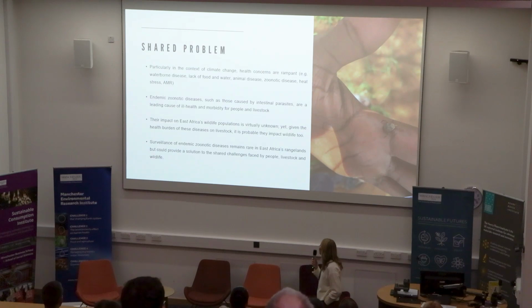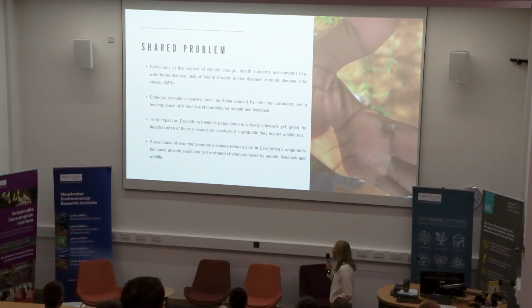So this is our framing, particularly in the context of climate change. Health concerns are rampant. That includes all these host of health concerns we see arising in the places where we work. Endemic zoonotic diseases, such as those caused by intestinal parasites, are a leading cause of ill health and morbidity for people and livestock. That's particularly for young children or people with weakened immune systems.